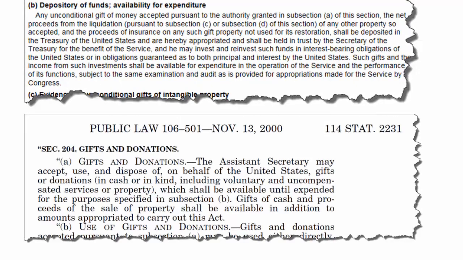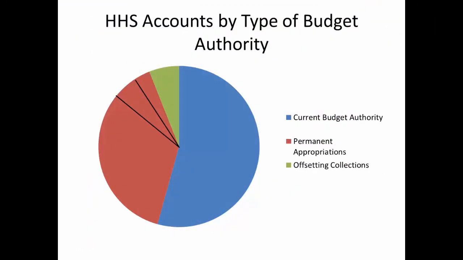Here we see another gift fund authority for the Administration on Community Living. Notice this authority explicitly states that the funds shall be available until expended. Gift funds make up roughly 2/3 of this slice. Special funds make up the remainder.